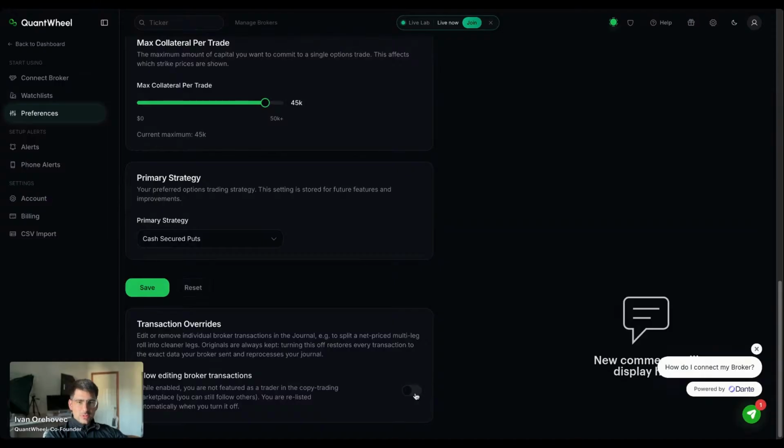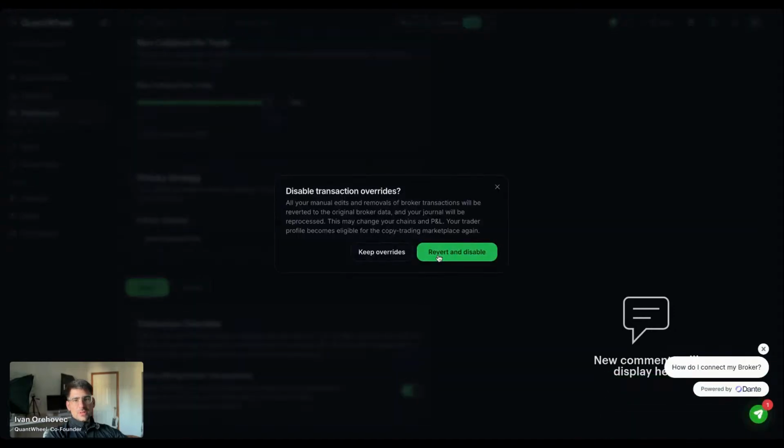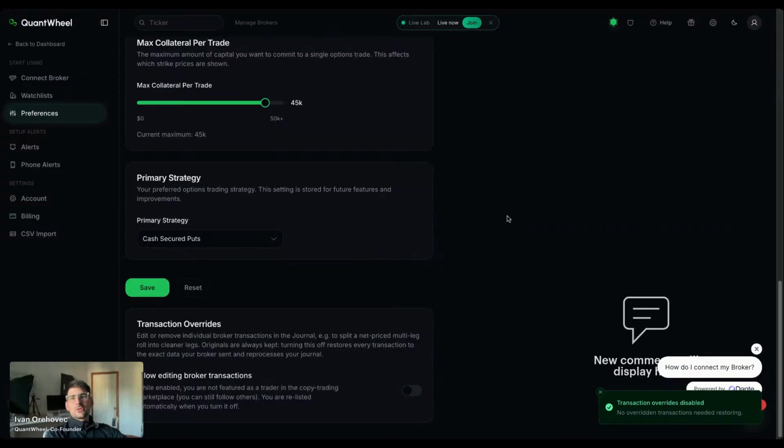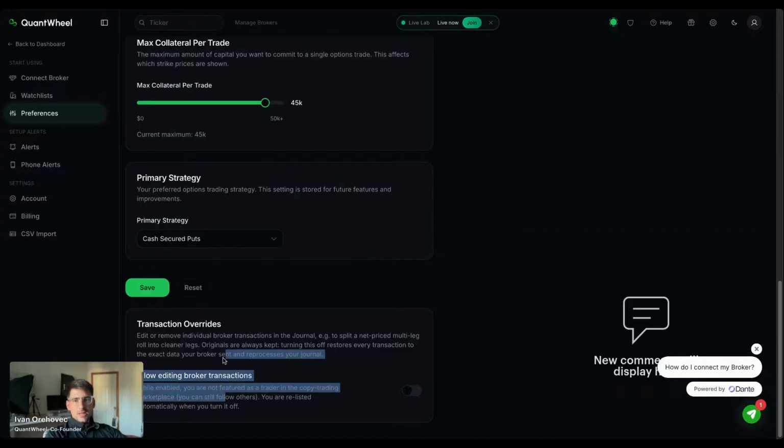So if you enable this, you can, but it will prevent you from being featured as a copy trader. After that, you can modify your transactions in the transaction list for the journal and the whole wheel, but you will get out of the copy trading feature list.